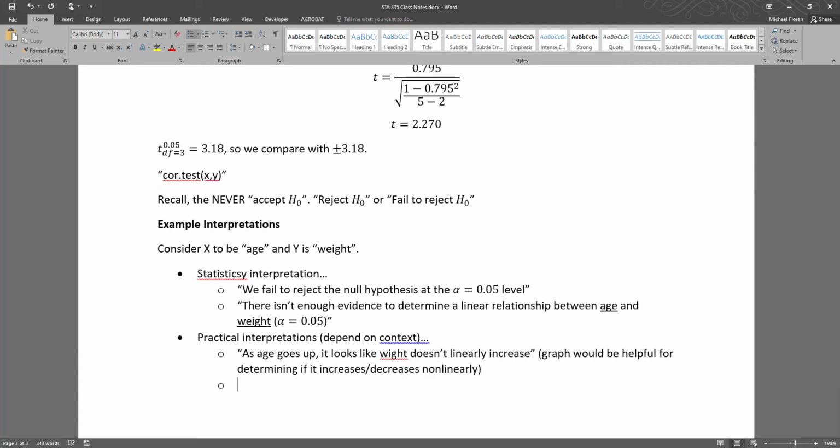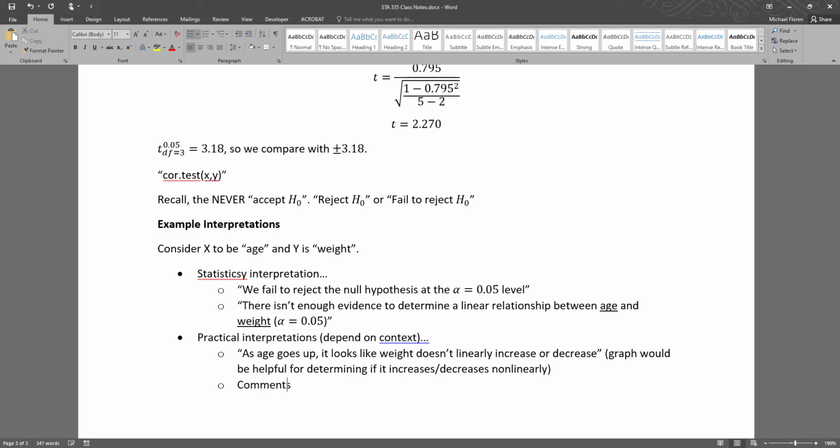If you remember in the last lecture, we did a graphic where we had an increase or decrease using a quadratic function that was clearly indicated in the graphic, but our statistic would have indicated no linear relationship. And actually here I should write increase or decrease, excuse me, because again we made a non-directional hypothesis.